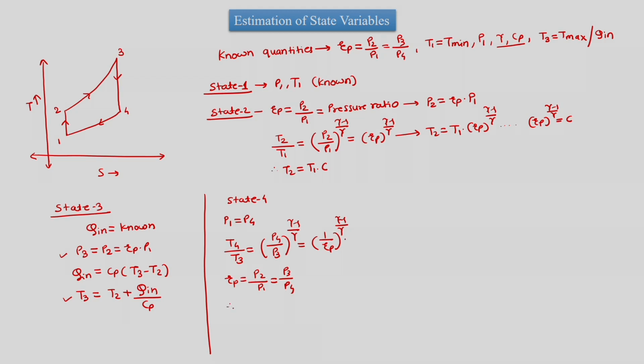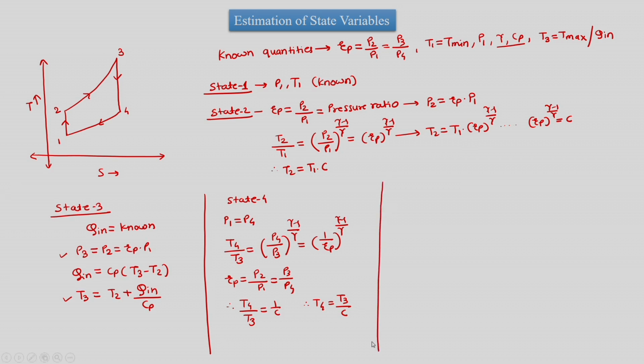So we know that T4 by T3 is equal to 1 upon C. So we have T4 is equal to T3 by C, or T3 by Rp raised to gamma minus 1 upon gamma.